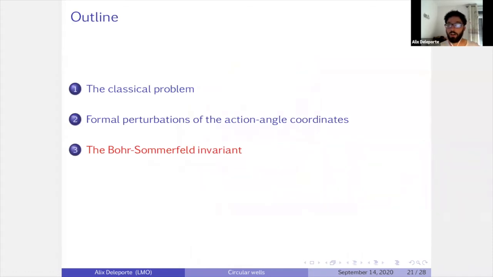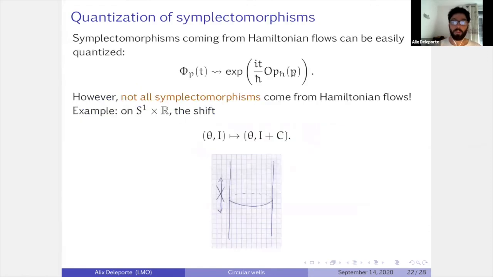Okay, so now let's try to fully quantize this thing. I've talked to you about quantizing functions, but not about quantizing symplectic changes of variables. So what happens if you try to find the quantum version of a symplectic change of variables?